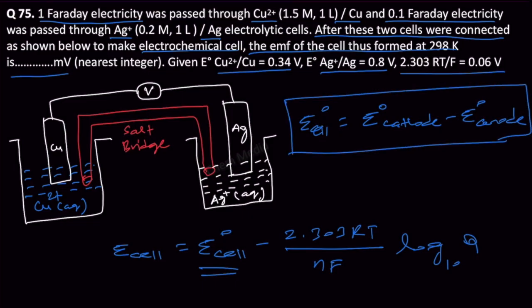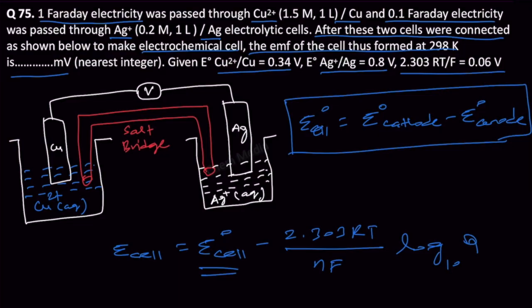This problem has two layers. First, we need to figure out the new concentrations, because the concentrations of Cu2 plus and Ag plus are given, but they are initial concentrations. Once the electricity is passed, the concentrations of Cu2 plus as well as Ag plus are going to change. So we need to figure that out first before we apply those terms to the Nernst equation.